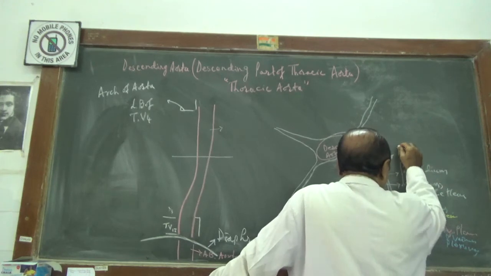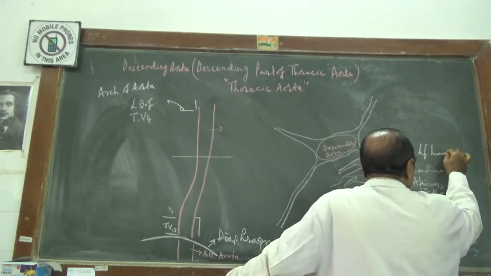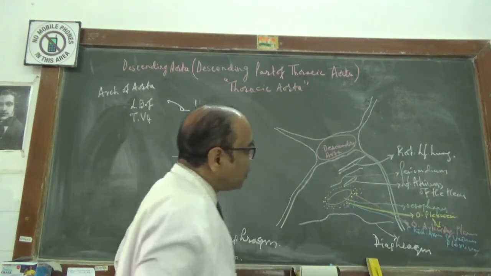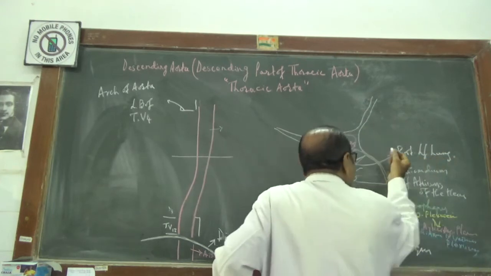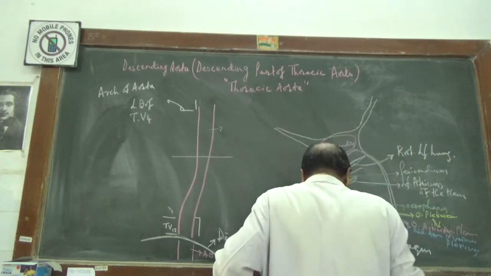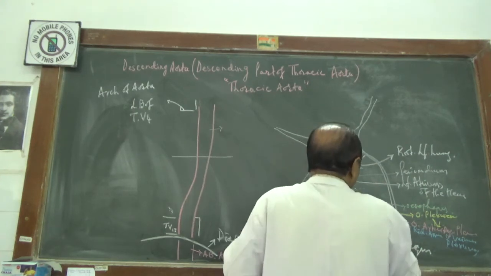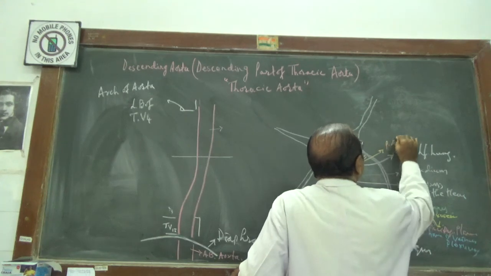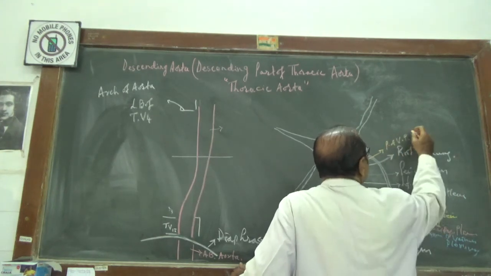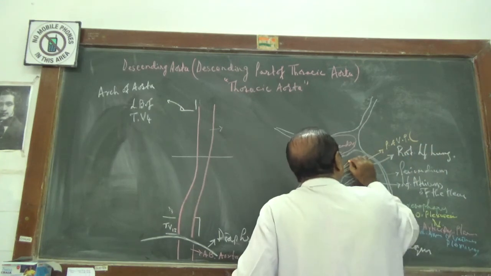And then further here, you will get the root of the left lung. Apart from the root of the lung, there is the beginning of the parietal and visceral pleura, which will be there at the rim of this.